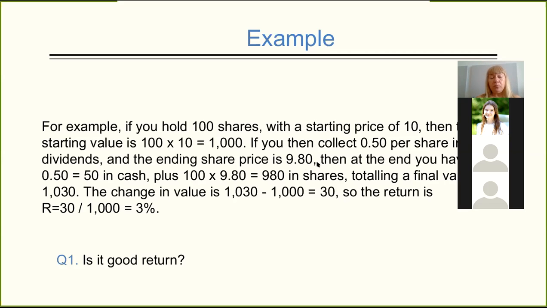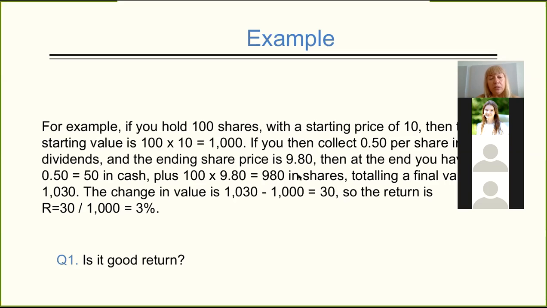So at the end of the period, you have 50 in cash, because it's the dividend 0.5 multiplied by 100 shares, and plus money for your stocks: 100 multiplied by 9.80, so the total sum is 980 in shares.